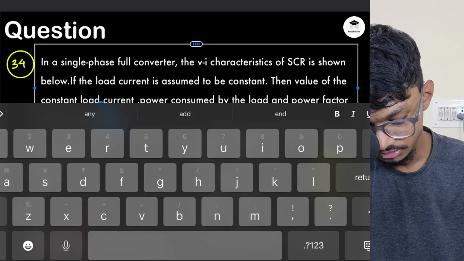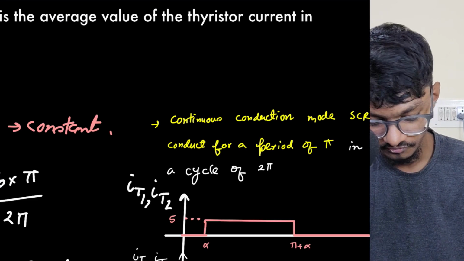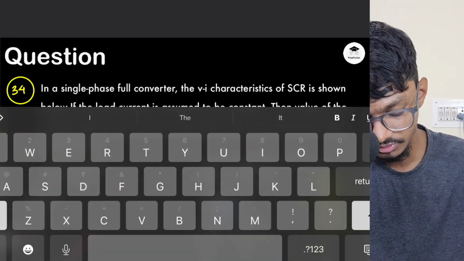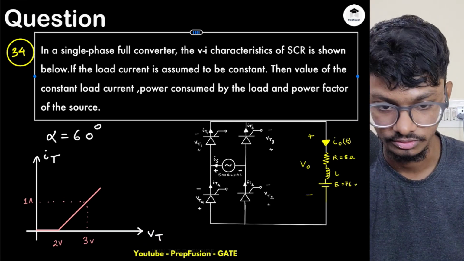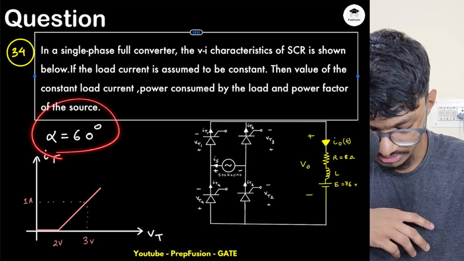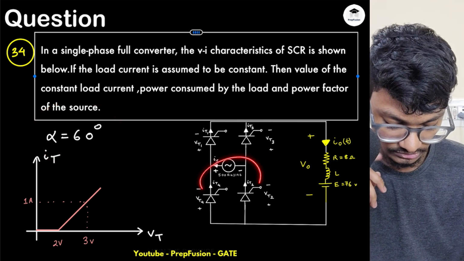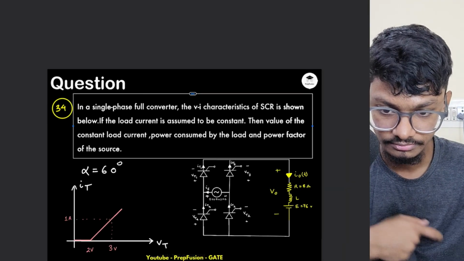Okay, so this will get cancelled. Because if we solve sequentially, we'll be able to first find out the value of the average load current. That is a hint. So this is the SCR characteristics, and alpha they have given us. Supply they have given. What is the value of supply? Supply is 500 sine 314t.